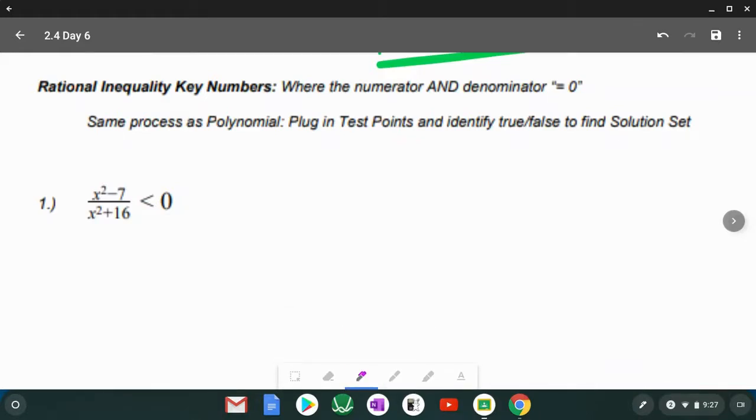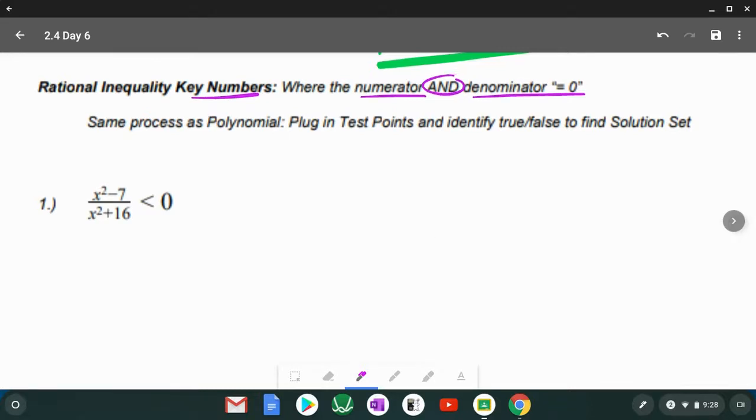Note here, it says rational inequality key numbers. It's kind of just what we talked about. So through that example, just by testing it out, we noticed that the key numbers are where the numerator and the denominator are equal to 0. If you find those x values that make the numerator and denominator equal to 0, those are our key numbers that will split your number line into the solution sections.